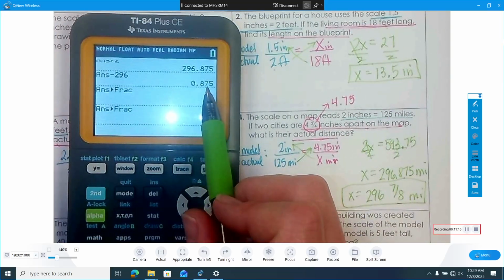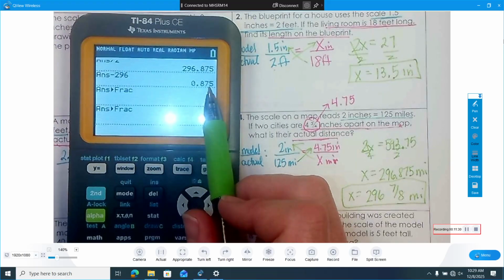What is the proper name of that decimal? 875 thousandths, right? Yeah, 875 thousandths.